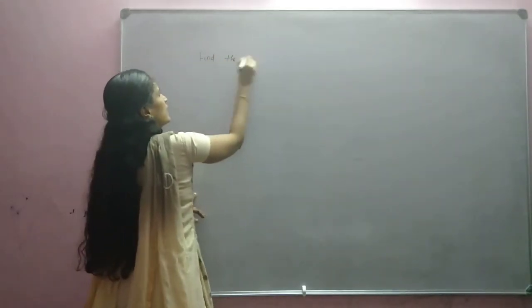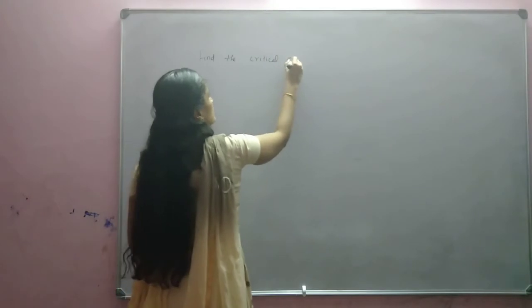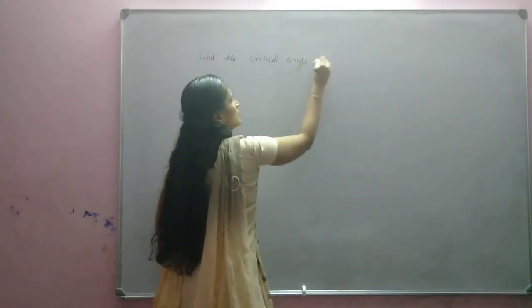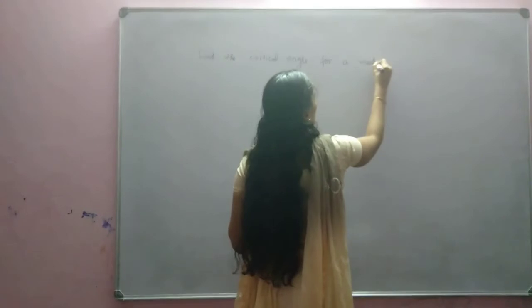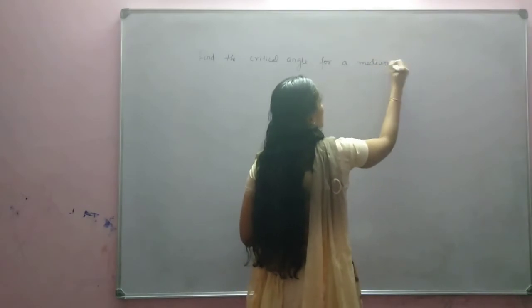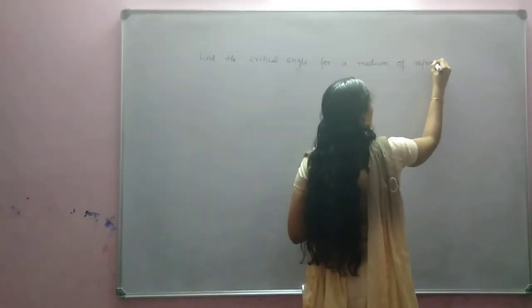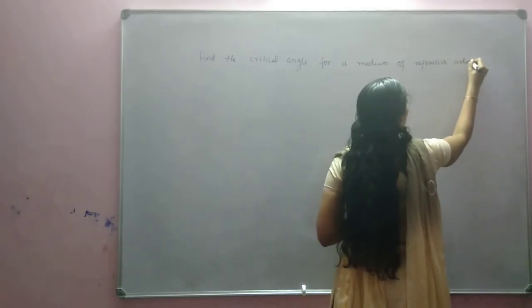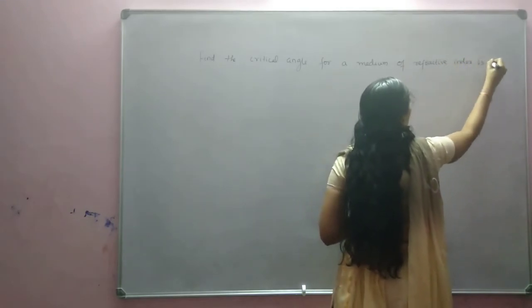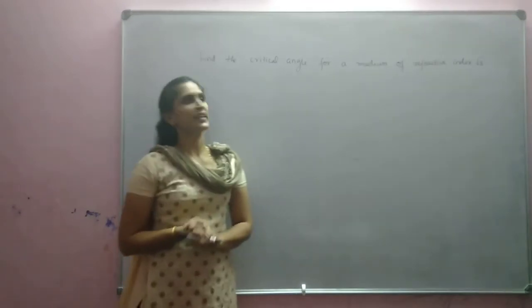The critical angle for a medium of refractive index root 3. So here what you have to find? You have to find the critical angle.